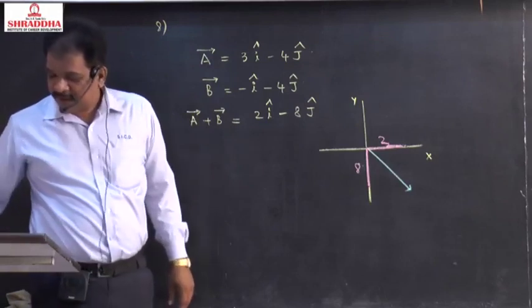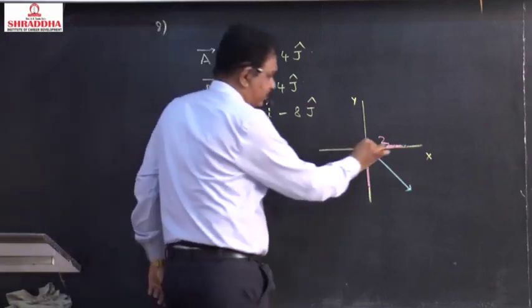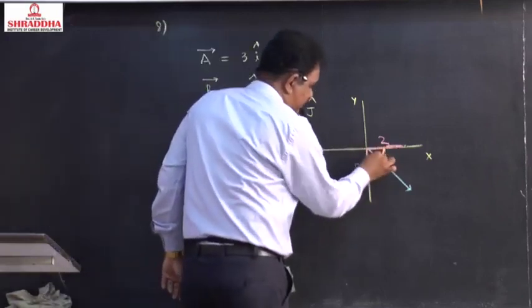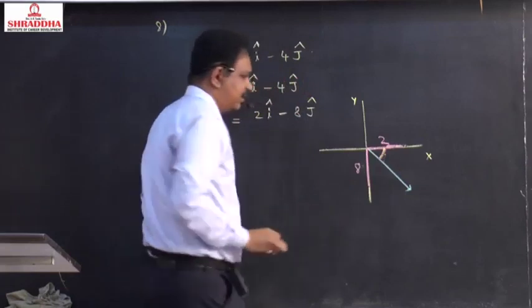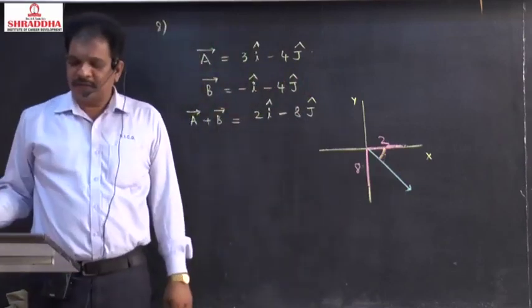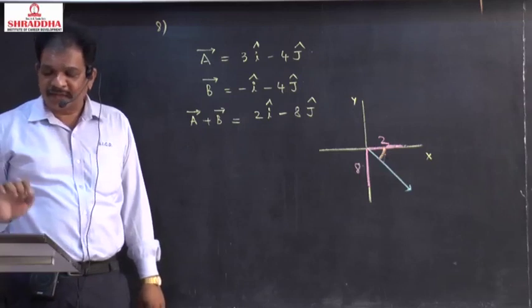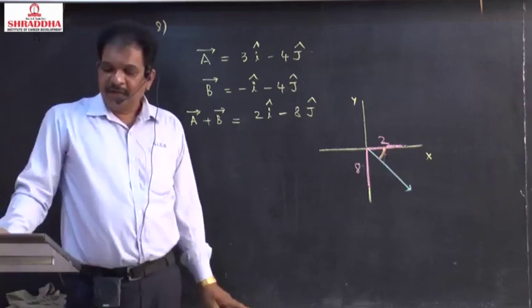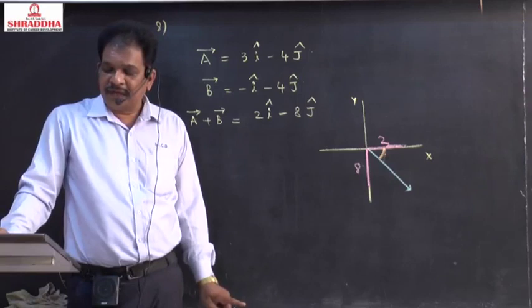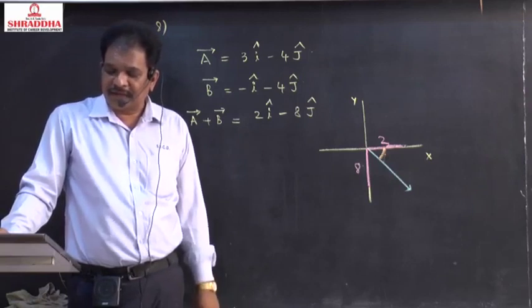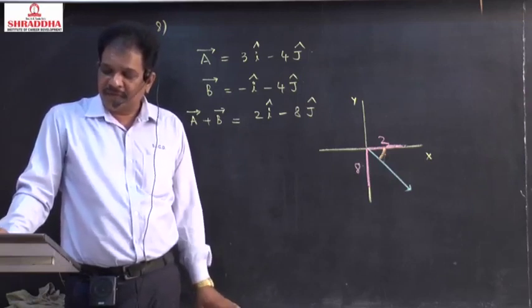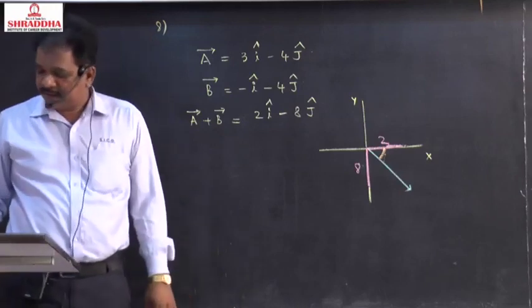Then how much angle is that vector making, they are asking. This angle value is how much? This angle they are asking. Clear? So what to do? Tan inverse 4 with positive x-axis in clockwise direction, or tan inverse 4 with negative x-axis in clockwise direction. First we will find the angle.